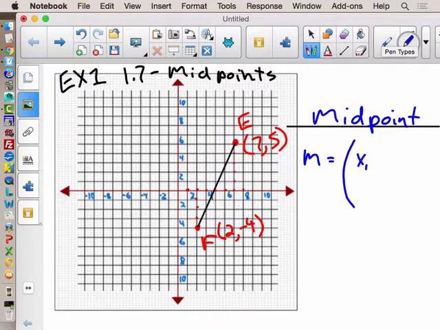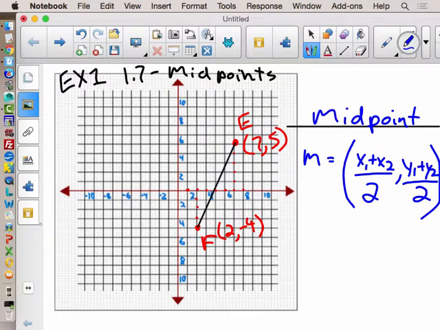We would say x sub 1 plus x sub 2 all over 2. That's how we find the x-coordinate of the midpoint. And then we would say y sub 1 plus y sub 2 all over 2. And that would be the y-coordinate of the midpoint.